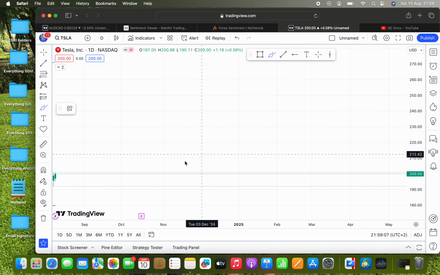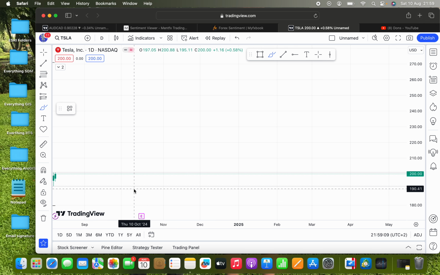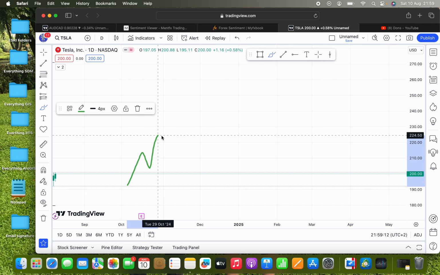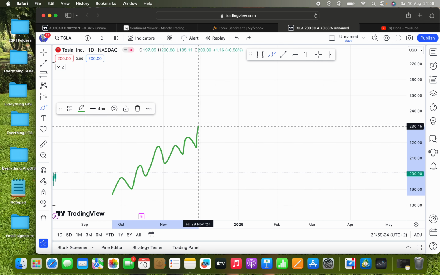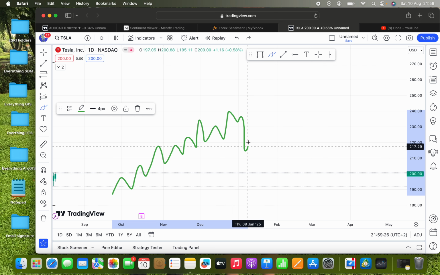So let me actually draw a fake market. Let's see if this works. Right, it works. Let's say the context for this market that I'm going to draw right now is bullish. It's going up, up, up, and then it breaks down.